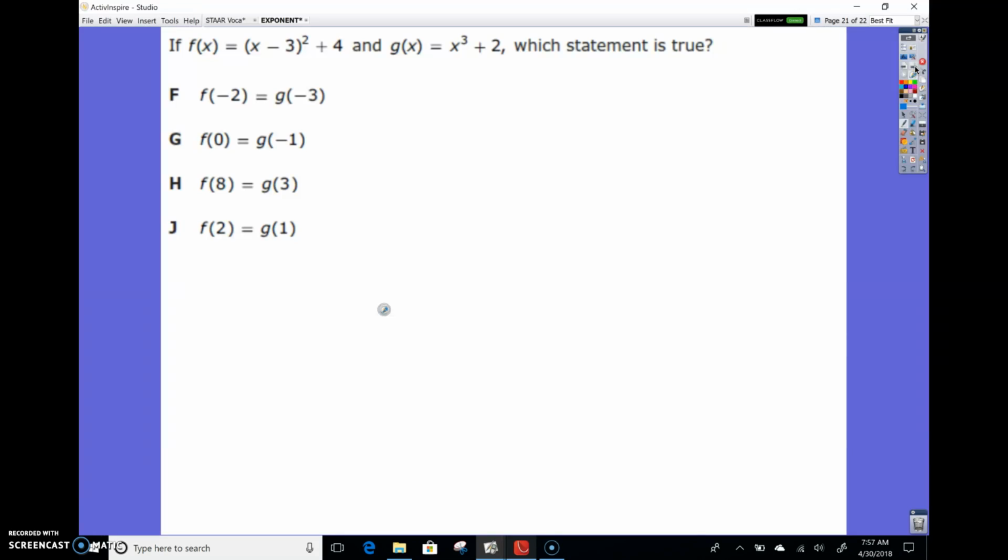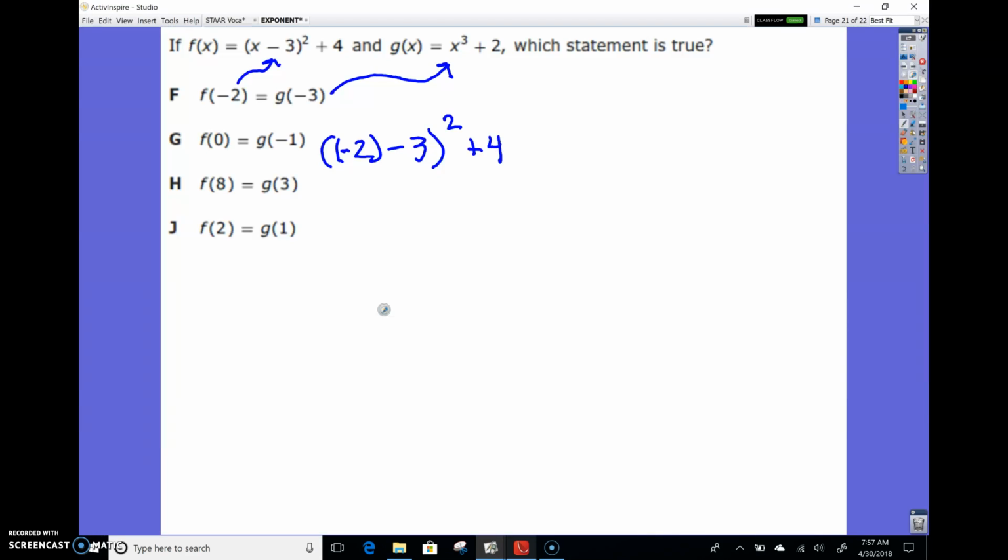Okay, with this one, you have to substitute this in here and substitute this in here to see which one is equal. Alright, for example, here I'm going to put -2 minus 3 squared plus 4.